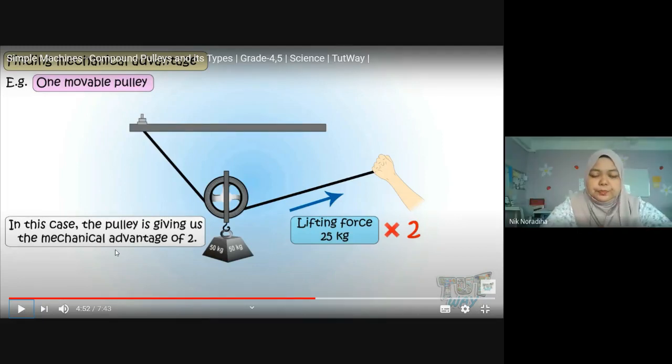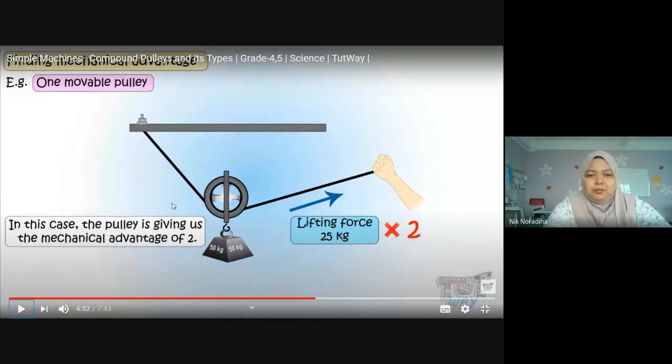Thank you. All right. So the meaning of advantage is the good thing that you can get from this. For example, this one is the movable pulley, right? So what is the advantage? Why do you have to use this one? Why is movable pulley good?